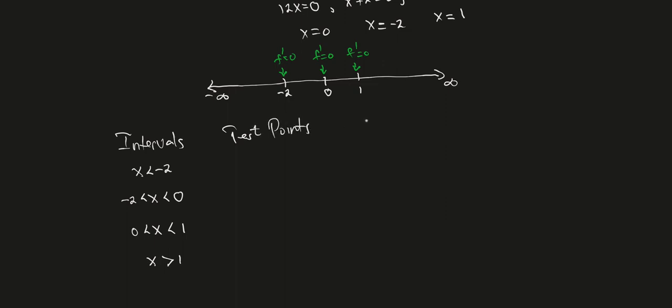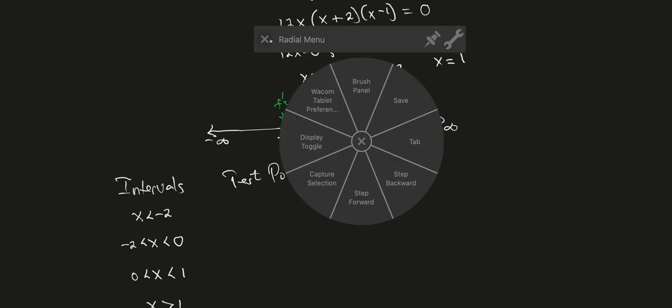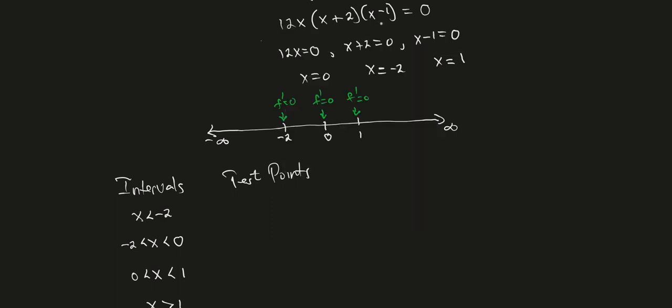And then, let me write down again what the derivative is. In fact, let me write down the factored form right here. So we have 12x times x plus 2 times x minus 1. So this is our derivative, right? And then let me now do a fourth column where we're going to have our conclusion.